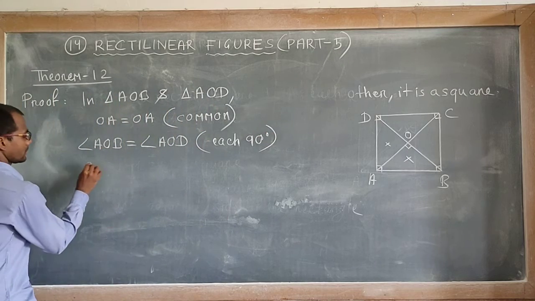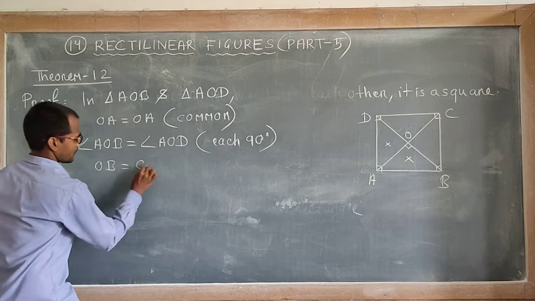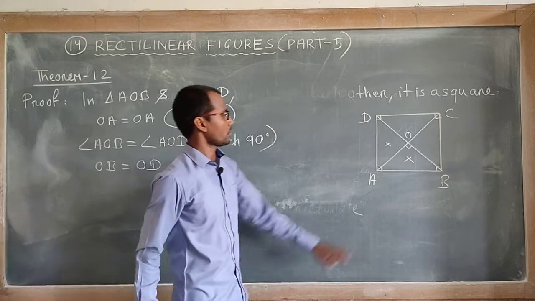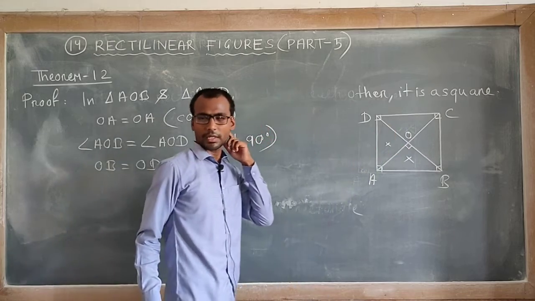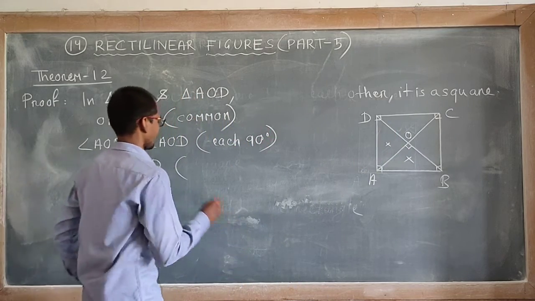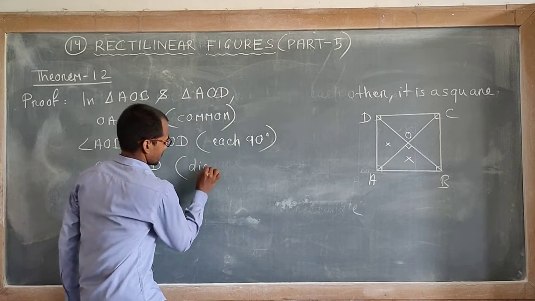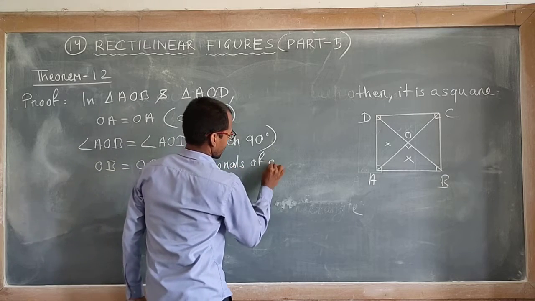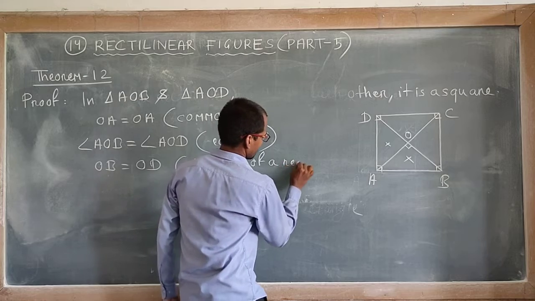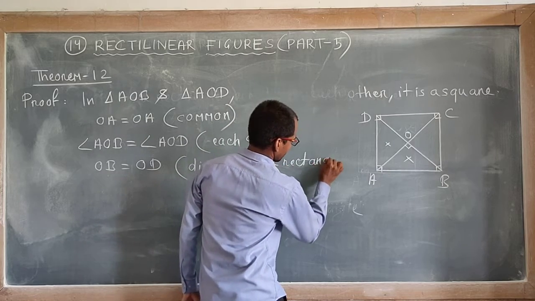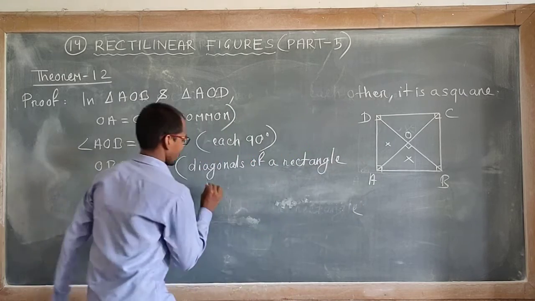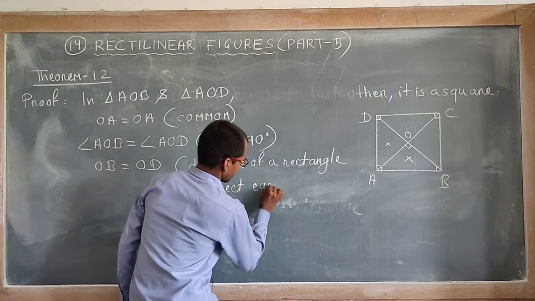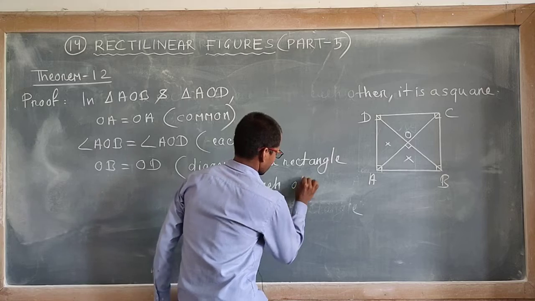Then OB is equal to OD, because we know that in a rectangle diagonals bisect each other. Diagonals of a rectangle bisect each other.